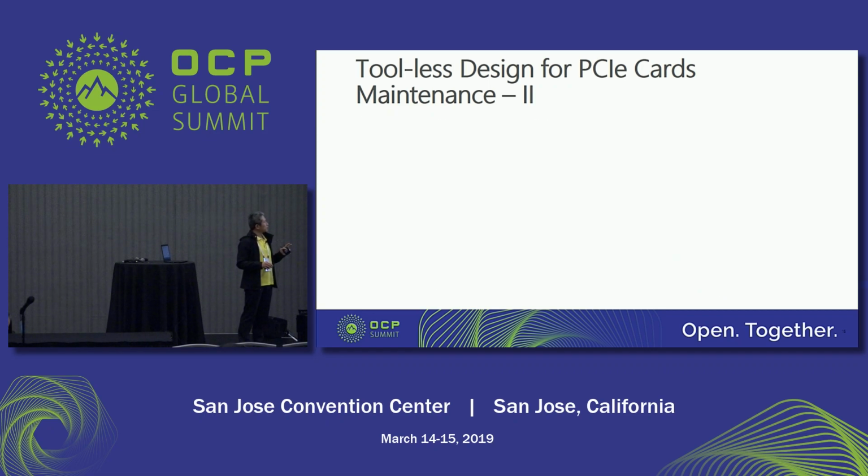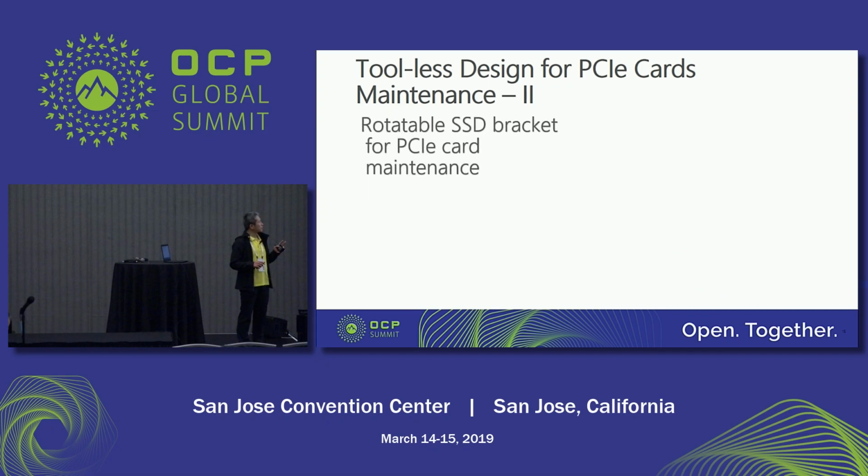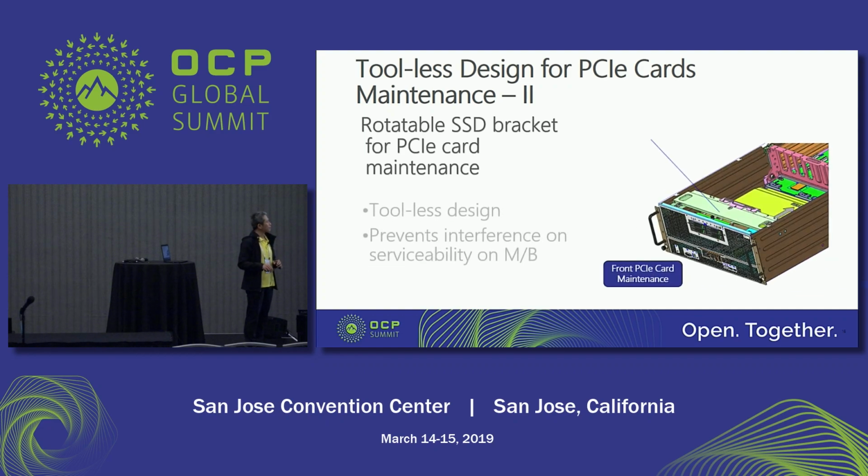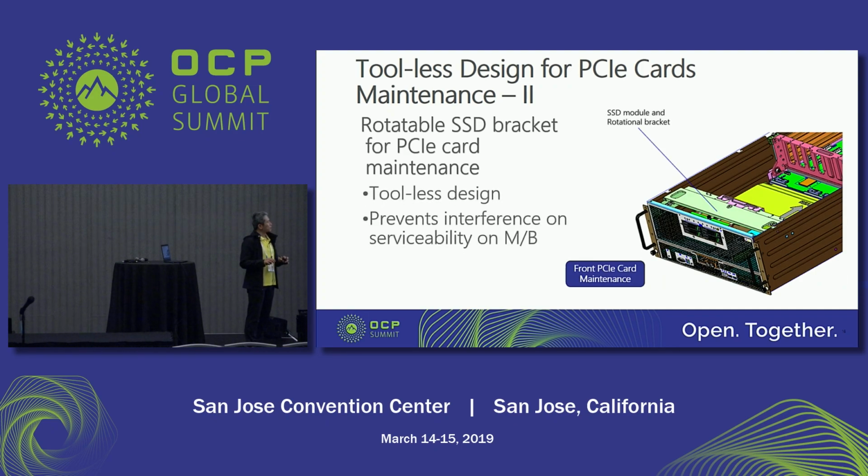Next is our design for the rotatable SSD bracket for PCIe card maintenance on the Olympus motherboard. When we remove the top cover of the system, it will look like this. And this is the SSD bracket I mentioned.